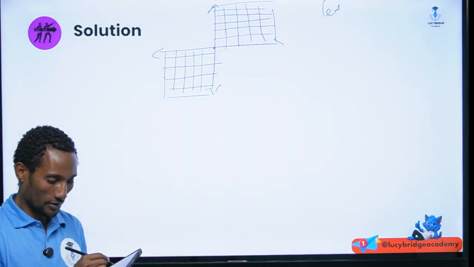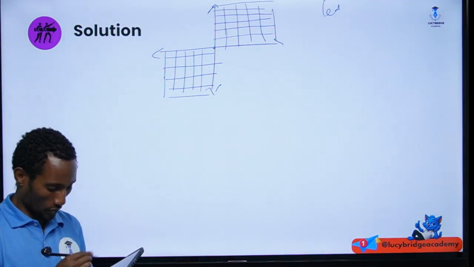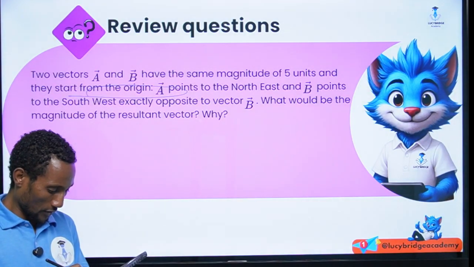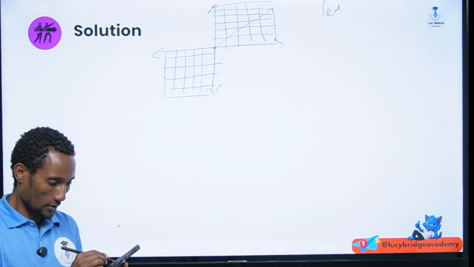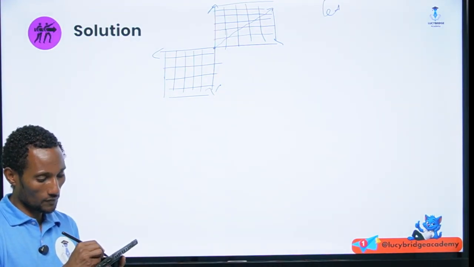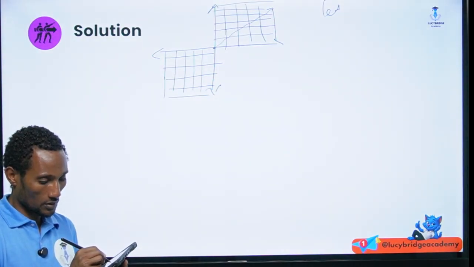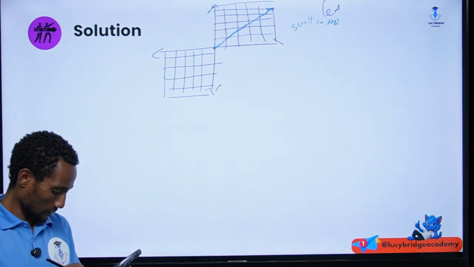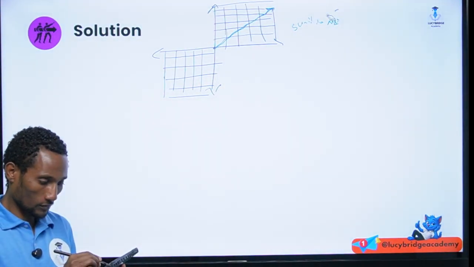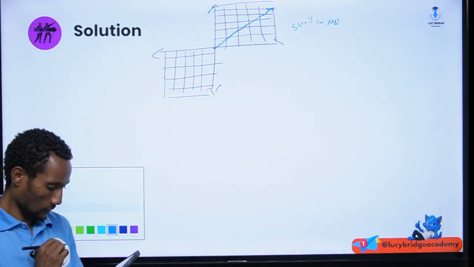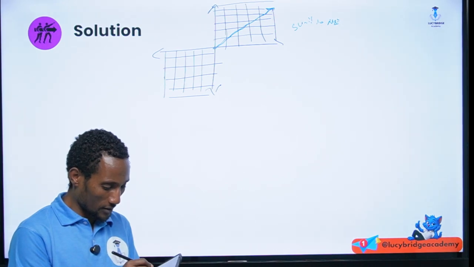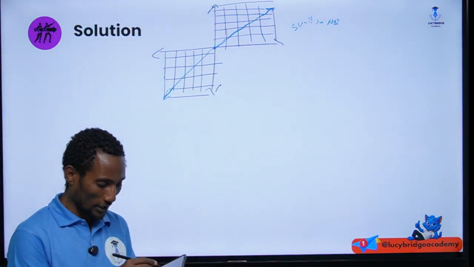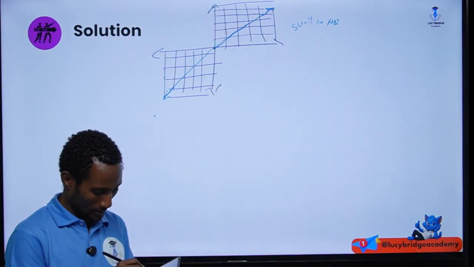A is 5 units to the northeast, whereas B has the same magnitude but the opposite direction, 5 units to the southwest.